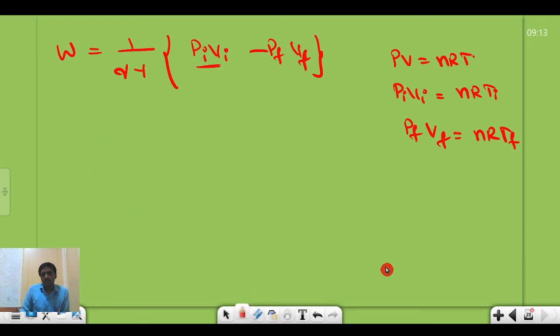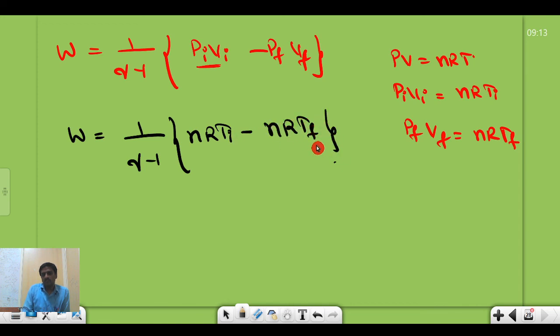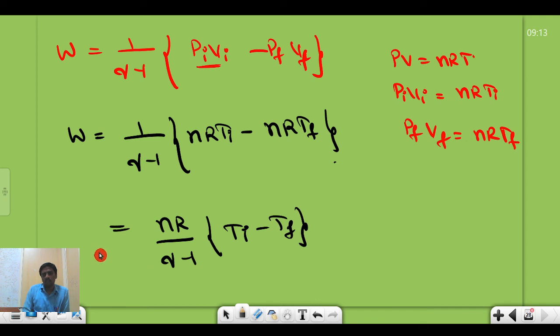One more formula we can get by using the ideal gas equation, then work done W is equal to 1 by gamma minus 1 into bracket, P i V i can be written as nRT i minus nRT f. nR is the common term, we can take it out, that is equal to nR divided by gamma minus 1 into bracket T i minus T f, bracket close.